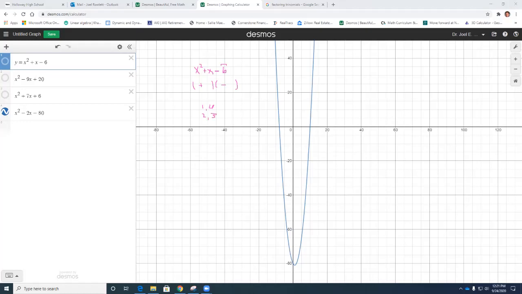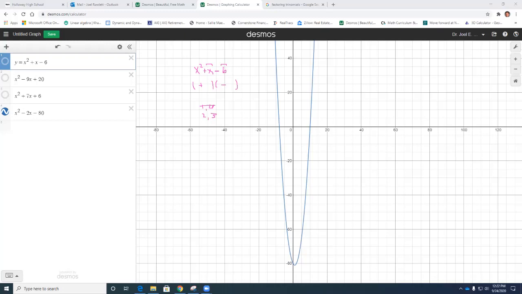Once I figure out the numbers that multiply together to give me 6, I then need to figure out which pair will give me a 1, because I have a 1 in front of the linear term, a 1 in front of the x. Well, I can't get a 1 by combining 6 and 1, so that's not going to work. But if I take 2 and 3, that will work. So the signs are going to be different.